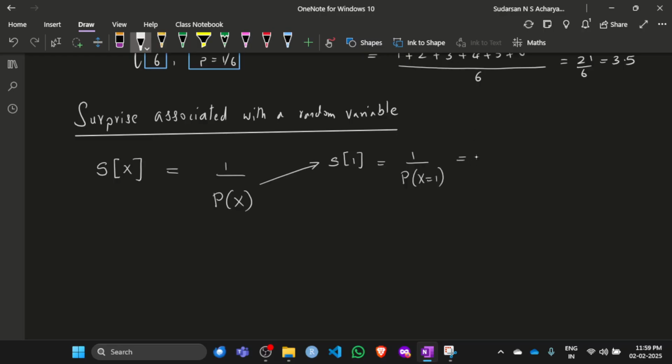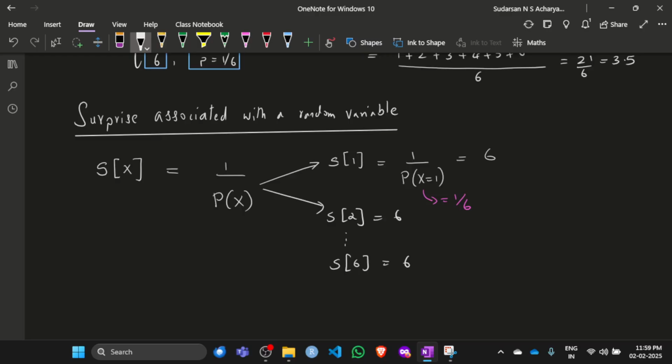So this we know is equal to 6 because the probability that x is equal to 1 is equal to 1 over 6, right? So now we can write this for all the remaining. So S of 2 is also going to be equal to 6. And you have the surprise associated with the die showing up 6 is also equal to 6.